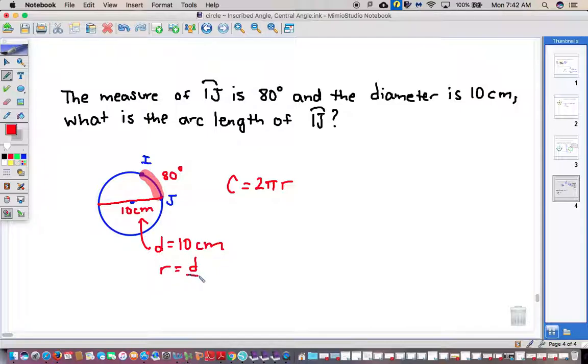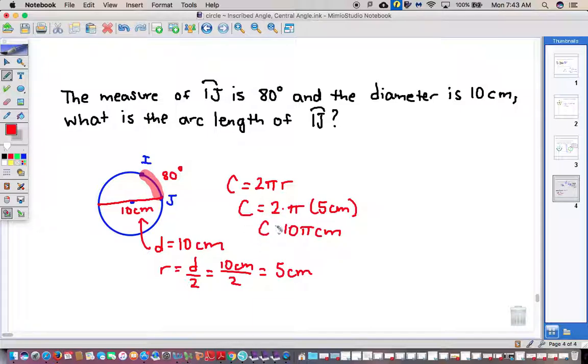Remember, the equation for radius is diameter divided by 2. So that's going to be 10 centimeters divided by 2, which is 5 centimeters. So my circumference is equal to 2 times pi times 5 centimeters. 2 times 5 is 10 pi centimeters, and this happens to be exactly the same as the problem I just did.